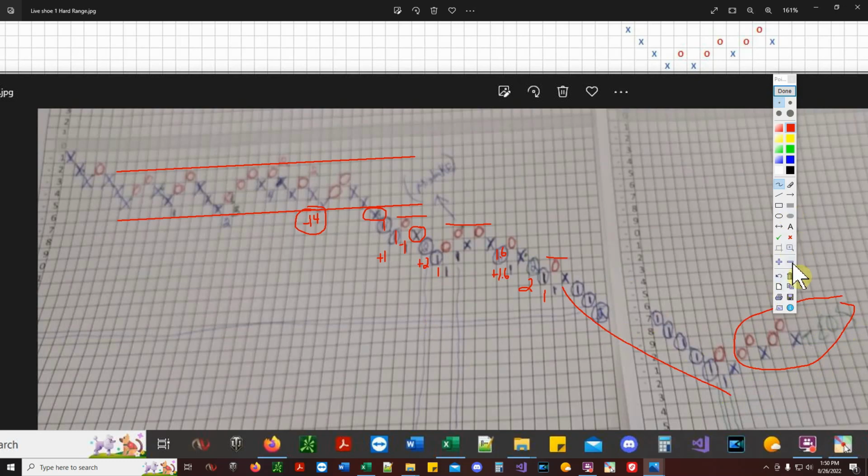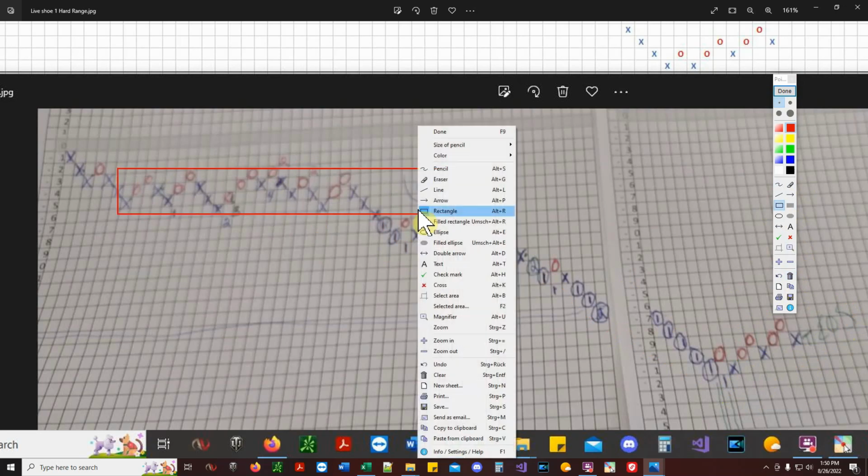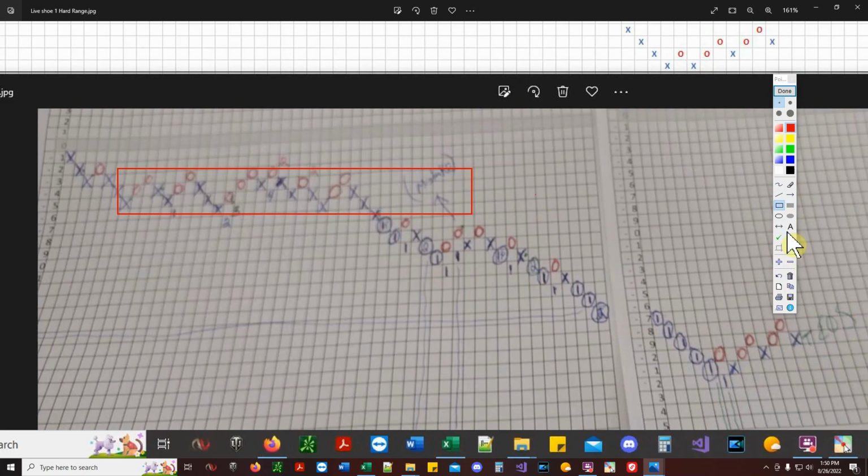Let's get back to this range for a minute, because catching the run is no problem. The range is my problem. We're going to look at this range. Let's do this.